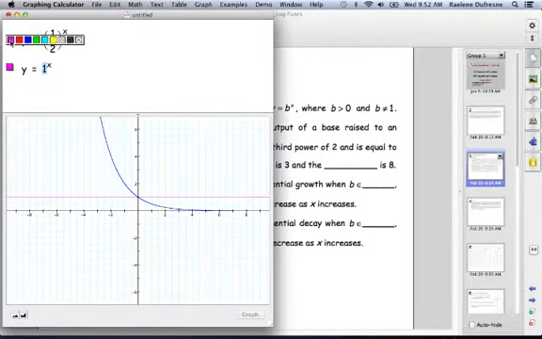And if we turn off the blue graph, let's see what happens when x is equal to 0 on this purple graph. And we see that in this case, 1 to the exponent of 0 is 1. So no matter what x values we look at, the base of 1 does not give us the classic exponential growth or decay shape. And therefore, a base of 1 is not an acceptable base that we want.